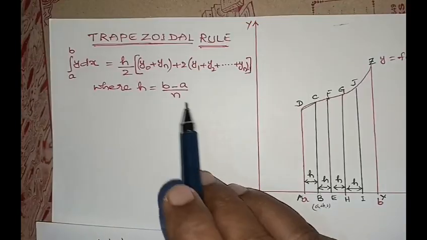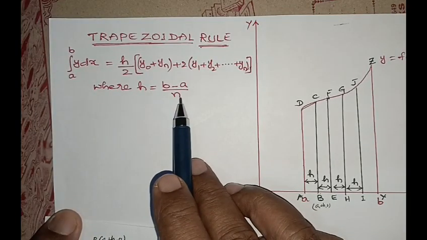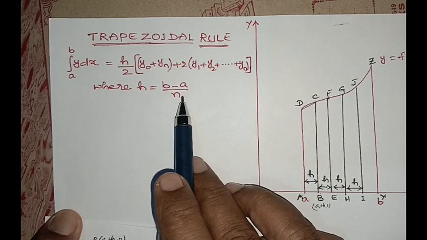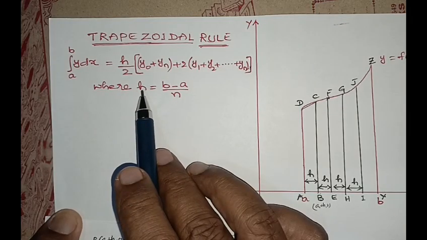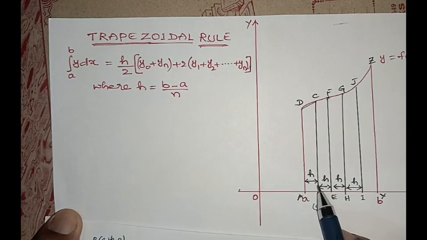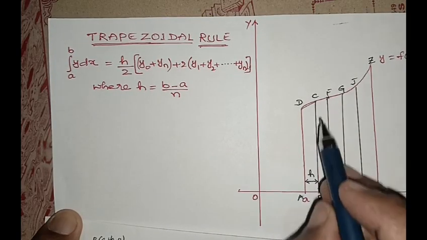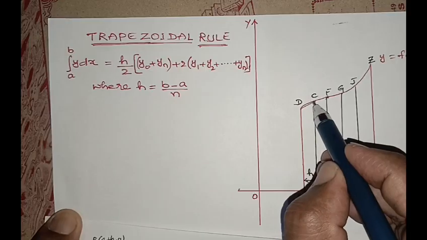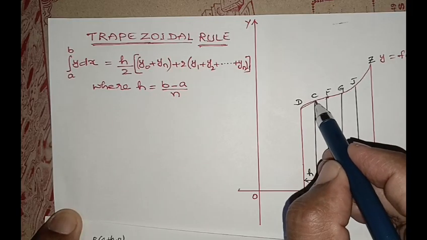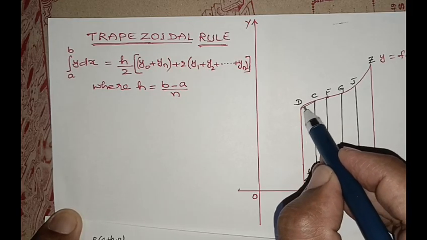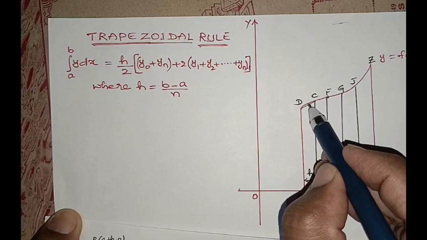Here h is (b minus a) by n. When n is more and more, h becomes smaller and smaller. When h becomes smaller, these lines come closer to each other, and the actually existing curve can be approximated to a straight line.